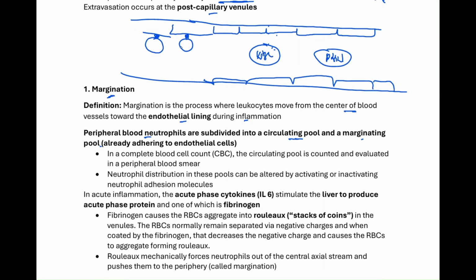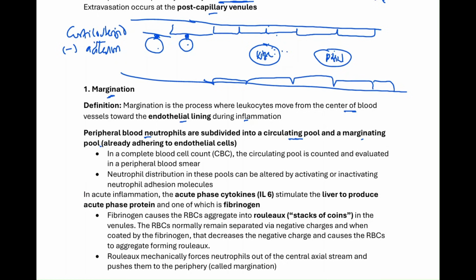We call them marginating. And every time you do a complete blood count, what we normally count is the circulating pool of neutrophils. And that's why if somebody is taking medication like corticosteroids, so like steroids, this corticosteroid normally inhibits adhesion molecules.